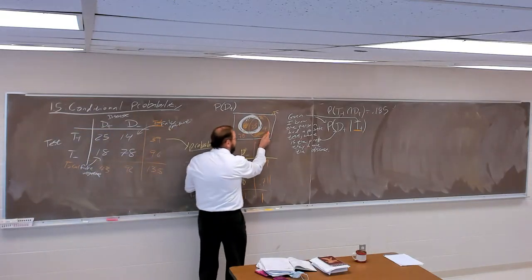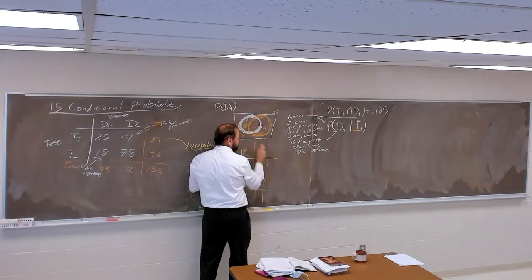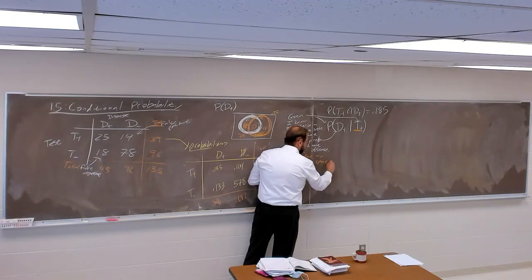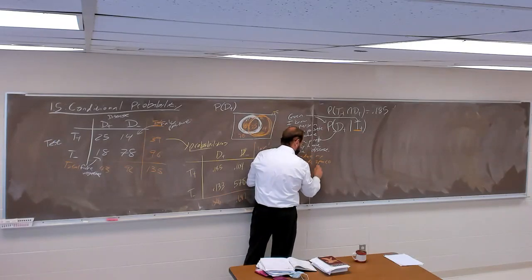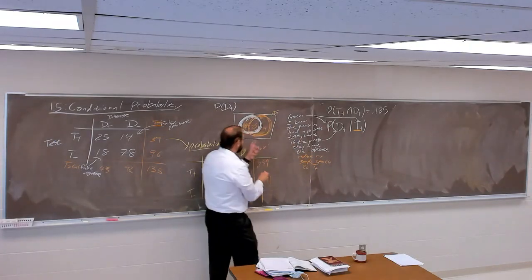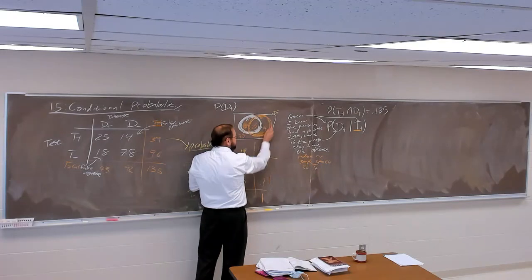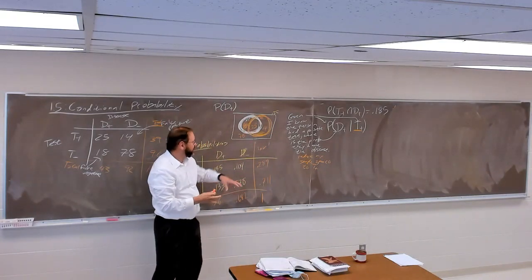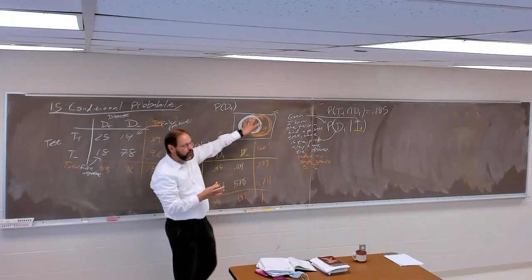So I'm now going to reduce my sample space, not down to the entire rectangle anymore. In fact, I don't want to erase it, but I could just erase everything outside of this circle.